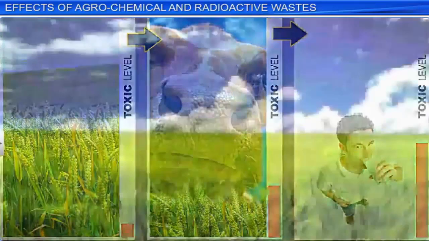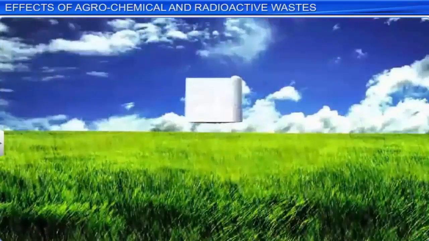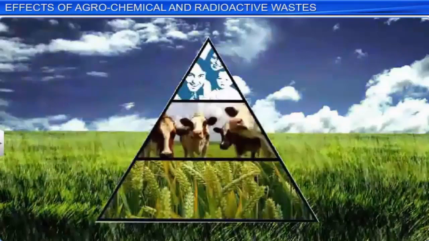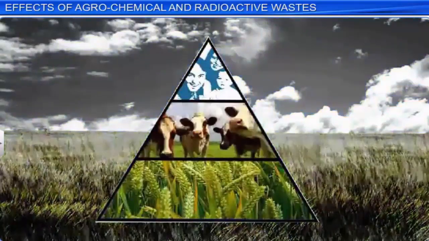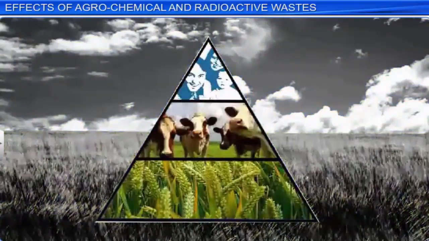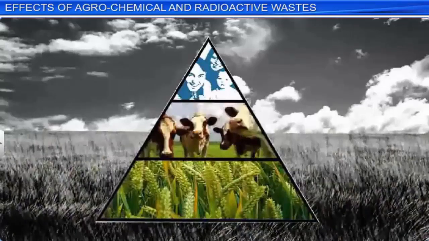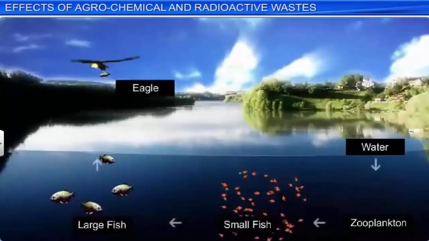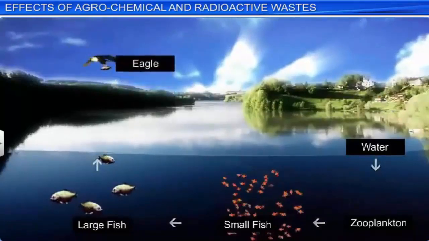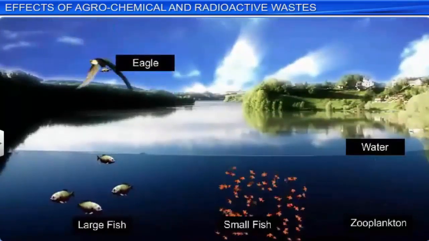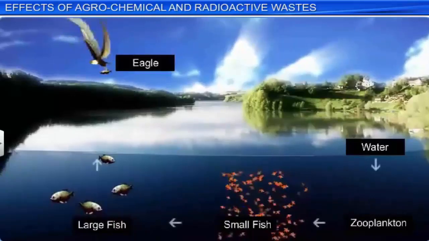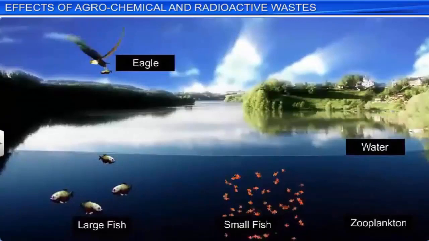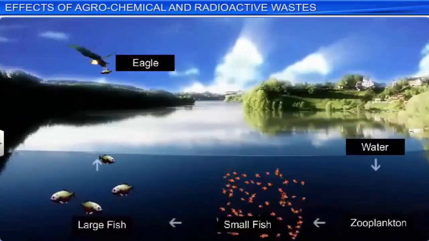For instance, biomagnification of chemicals in the terrestrial food chain includes grass, cattle, and human beings. Similarly, biomagnification of DDT in an aquatic food chain, including zooplankton, small fish, large fish, and fish-eating birds, is shown in the diagram.